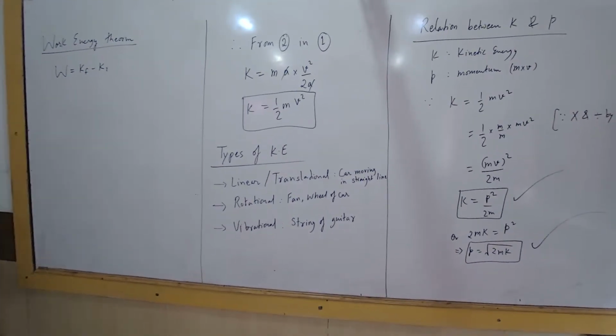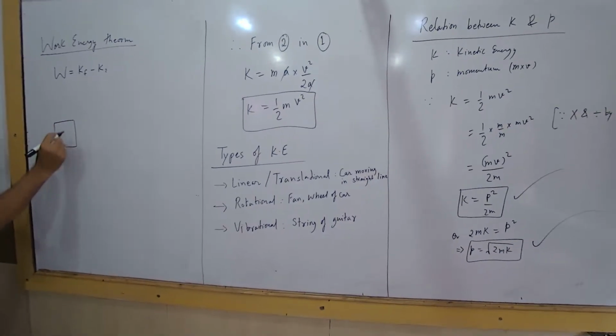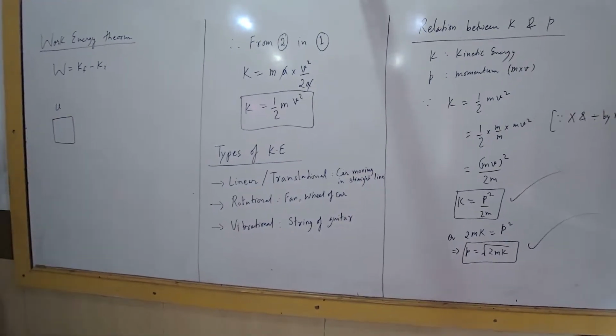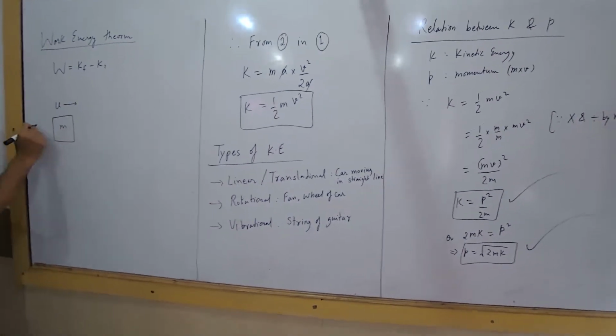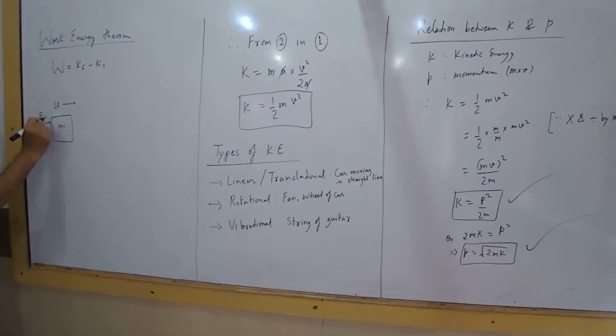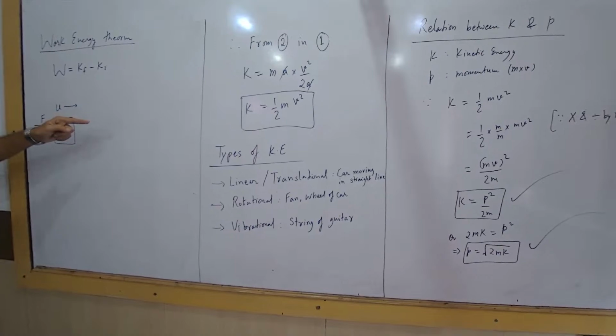So what does it mean? I'll explain. Suppose you have a body moving with some initial velocity u in this direction. Now a force is applied on it in the direction of motion.